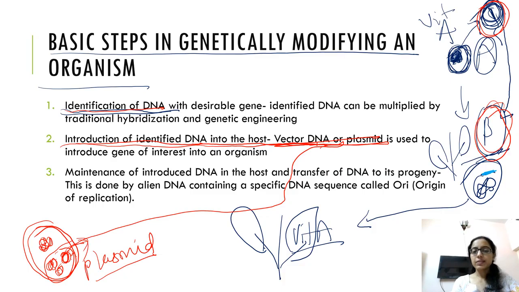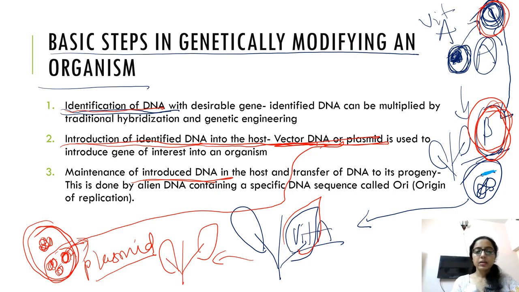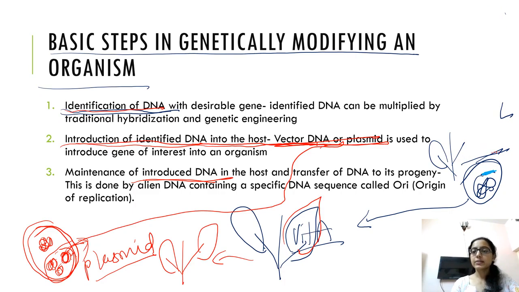And then maintenance of introduced DNA. After introducing this into plant B, we need to maintain it in plant B, like here it is produced in daughter cells. We need to produce more plants which have this new gene. So this is maintenance of introduced DNA. These are the three steps. Let us have a look in detail.